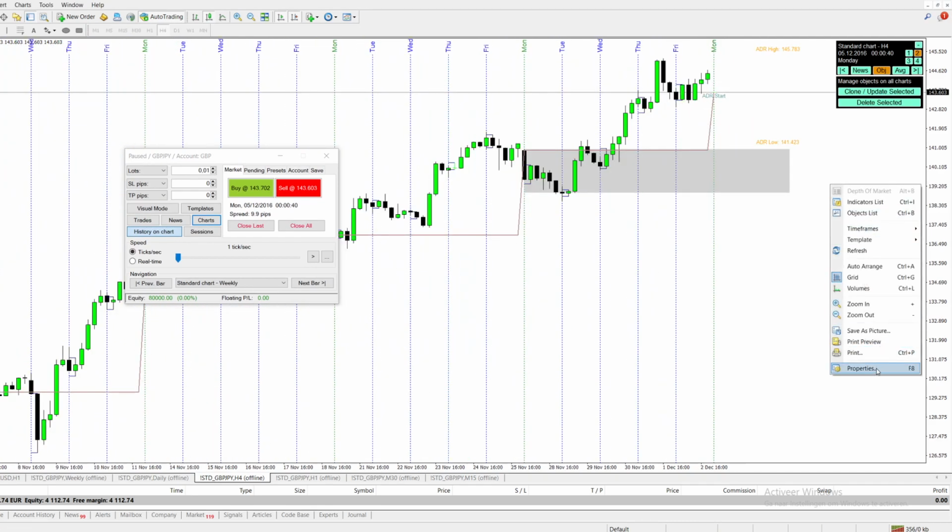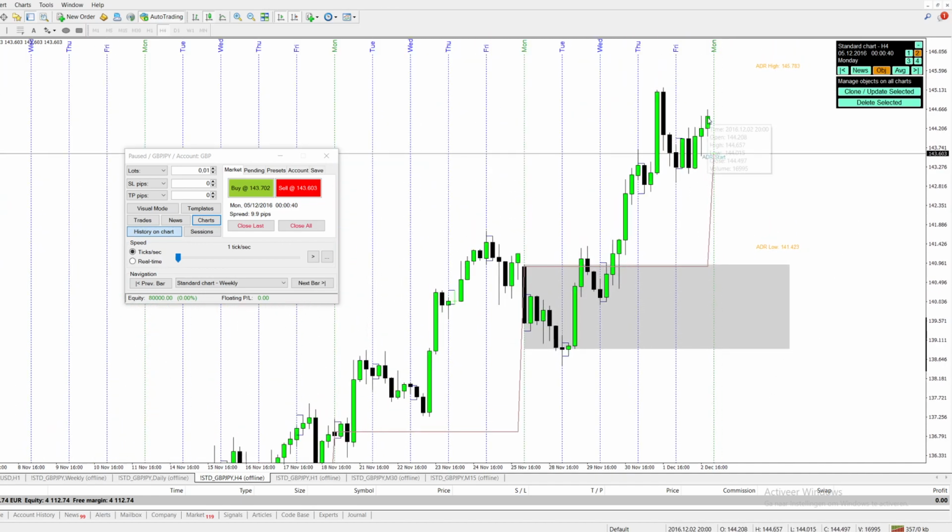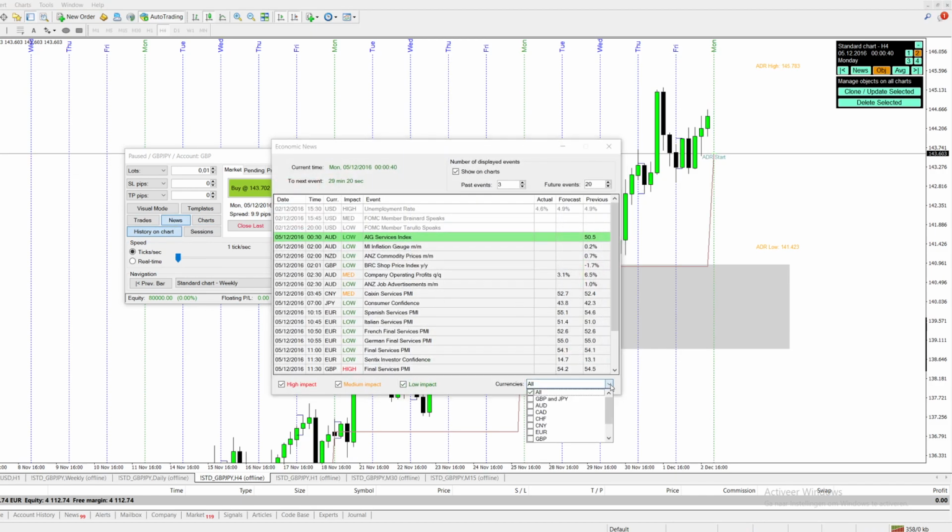Right, this is going to be a tricky simulation, but let's see if we can get a scalp in or an intraday trade. So what is happening over here? I'll watch how Monday turns out first. Let's see if there's news anywhere.